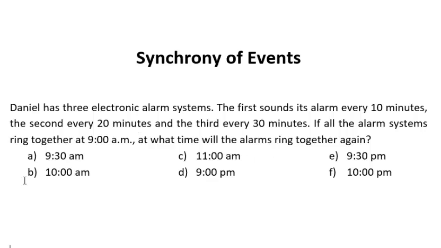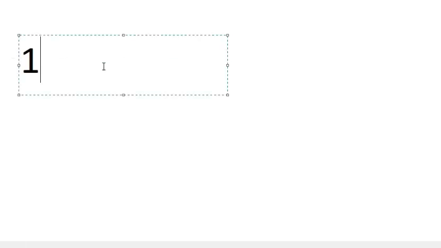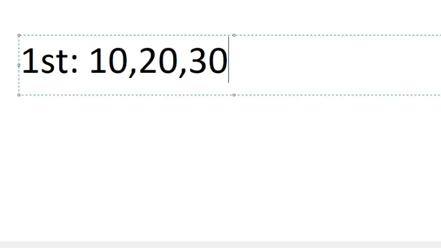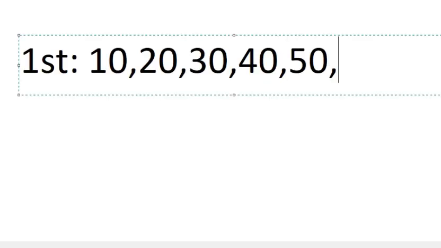at the same time? So all we need to do is find a pattern for each one of them. The first alarm sounds every 10 minutes. So we'll take 10 minutes, then 20 minutes, 30 minutes, 40 minutes, 50 minutes, 60 minutes, and so on.